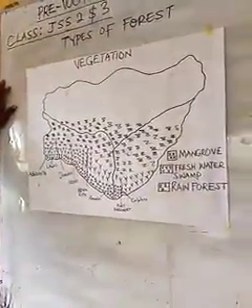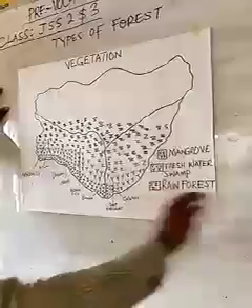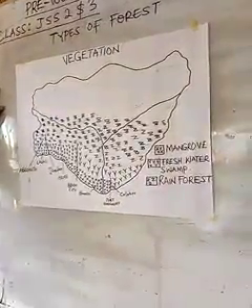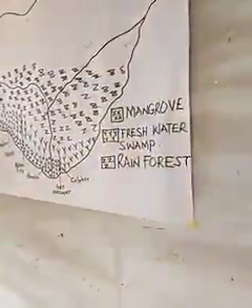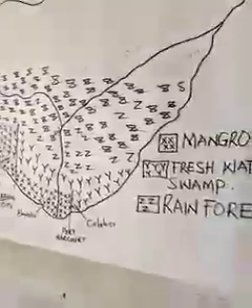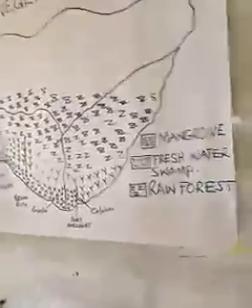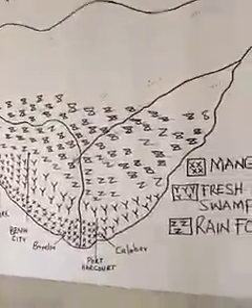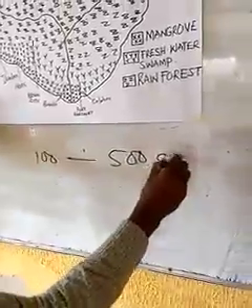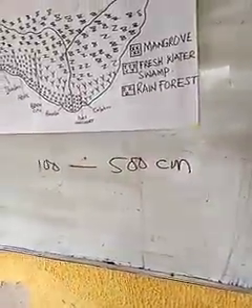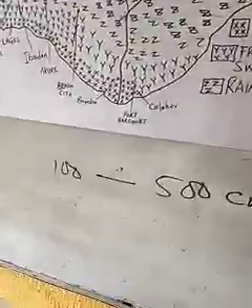When you look at rainforest, the average rainfall in this forest is about 100 to 500 centimeters when you measure it with a rain gauge.